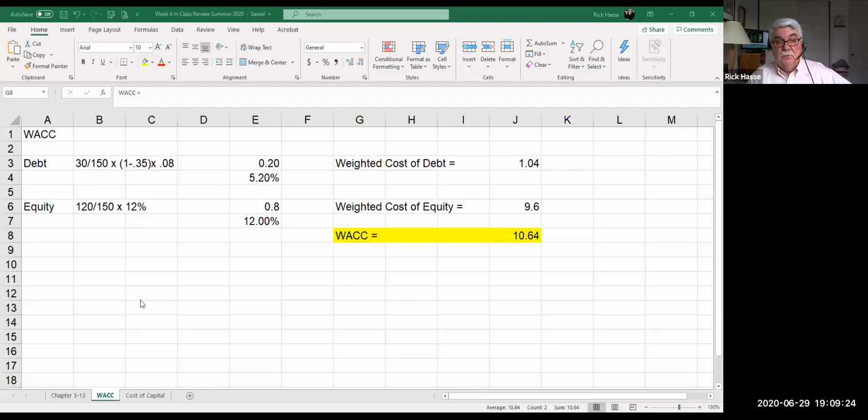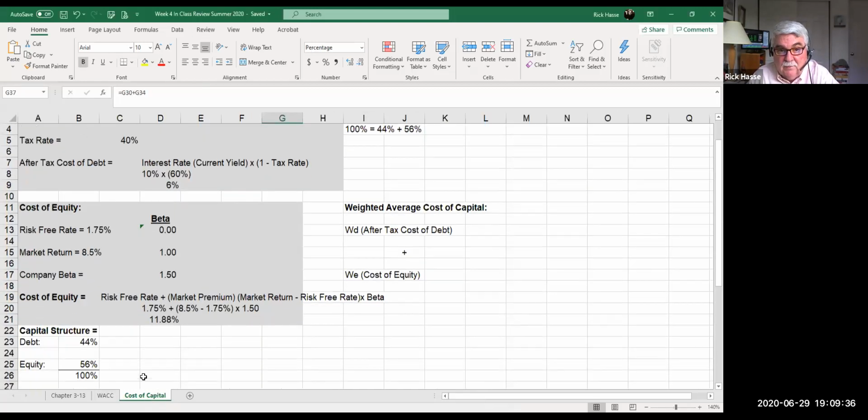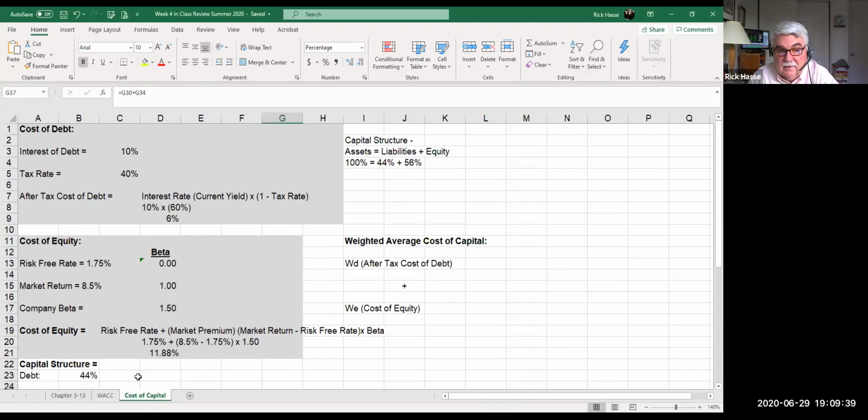So this is in your Blackboard. It's in week 4 in class review, so you have this template. But when we come back from break, we're also going to look at the third tab in this spreadsheet right here, where we're going to go through the problem in a little bit more specific terms, a little bit more details. So we'll take a look at that after our break.